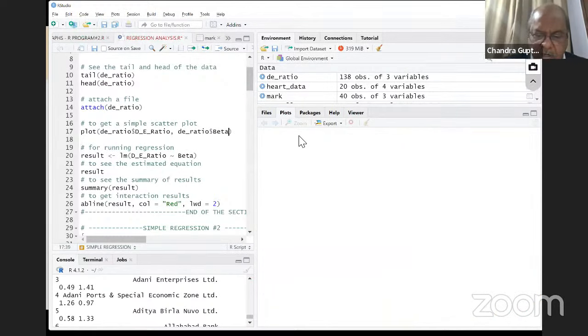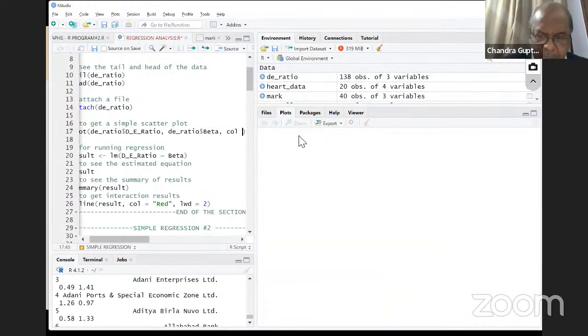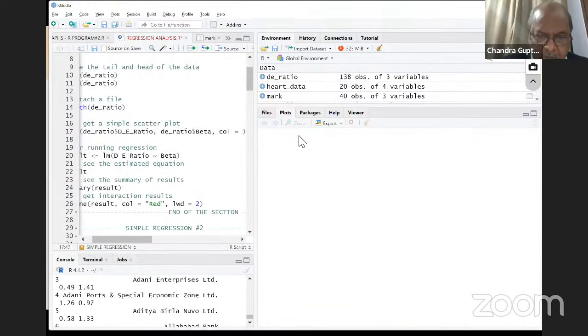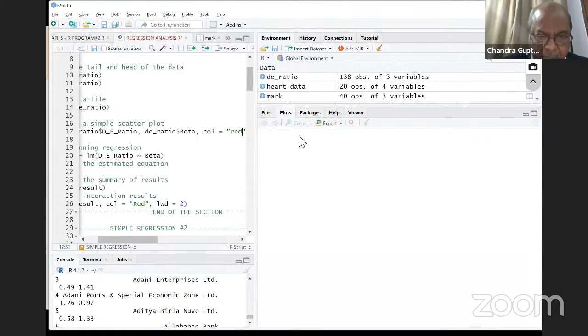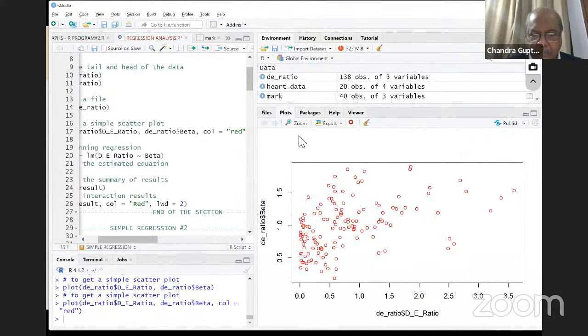If you want color, I can use some other color, say red. That's my scatter plot. Okay.